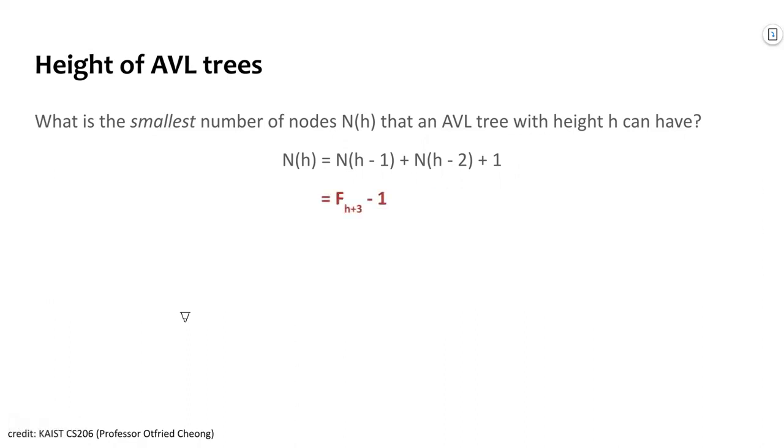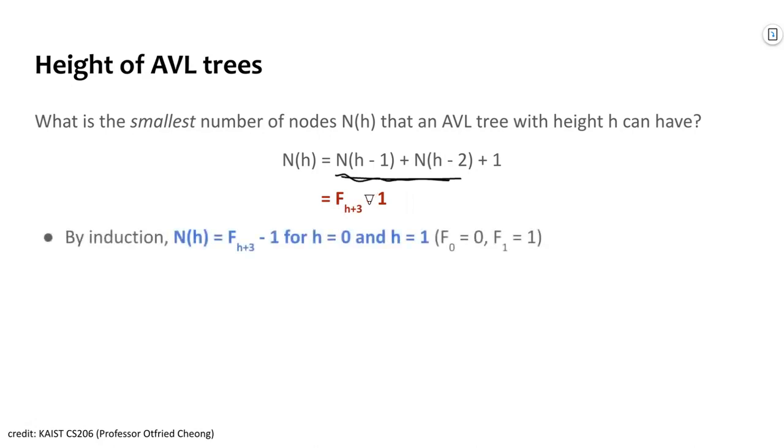And another thing we could see here is that this recurrence equation looks like Fibonacci numbers. And in fact, this one is Fibonacci h+3 minus 1. And we just claimed that this N_h is the Fibonacci number F_{h+3} minus 1. And we are going to use mathematical induction to prove this relation.